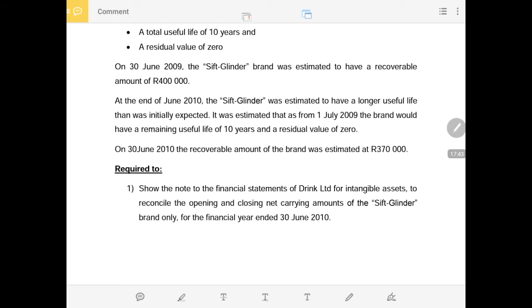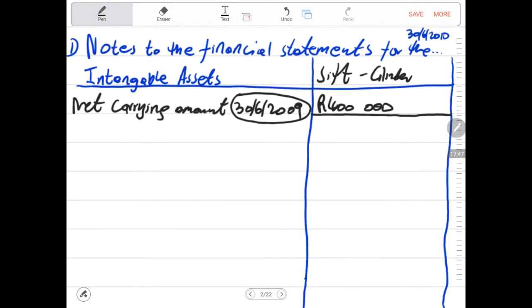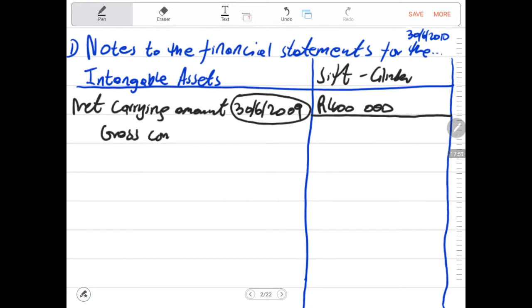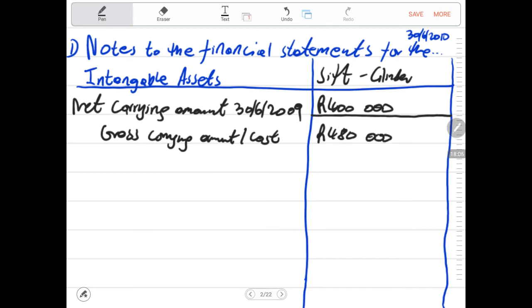Very, very easy strategy. Then after that, we record the cost price of the asset, which we call gross carrying amount. This is the cost of the asset. We use the language gross and net only in the intangible assets. In this case, we had a gross carrying amount of 480,000 rands.